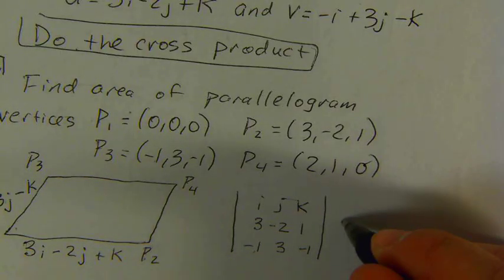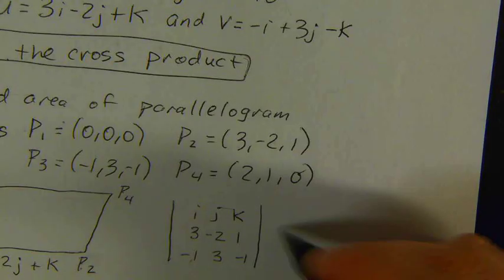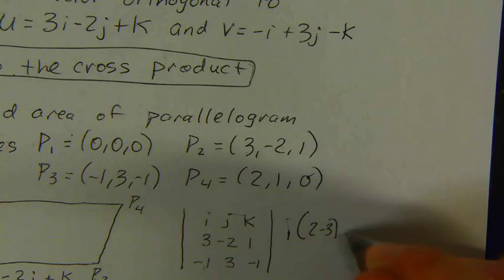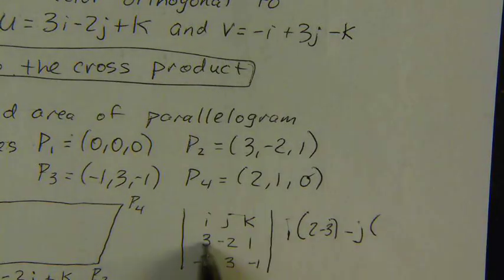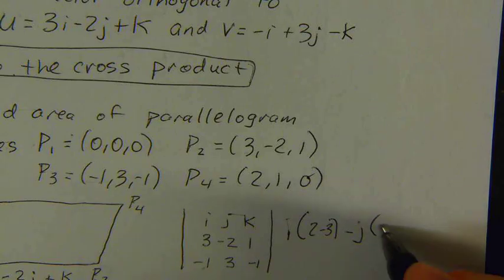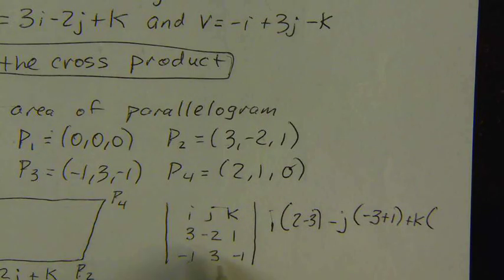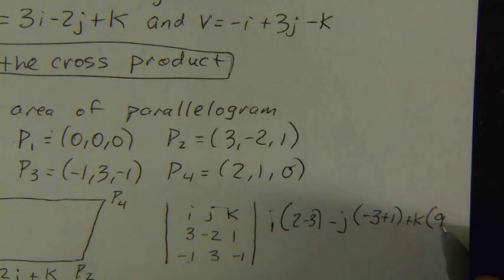So we'll do i times, careful with the signs here, that's 2 minus 3, minus j, negative 3 plus 1, plus k, 9 minus 2.